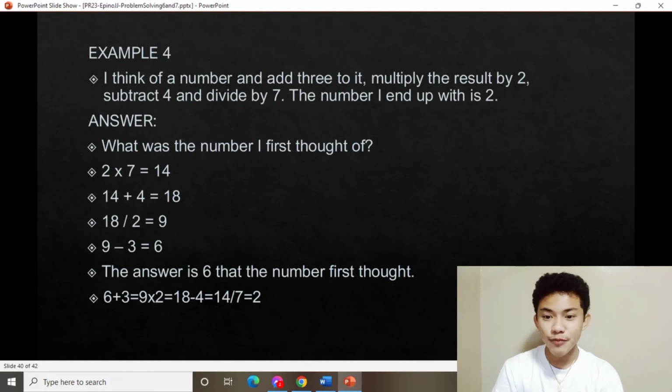So, 14 plus 4 is equal to 18. 18 divided by 2 is equal to 9. So, 9 minus 3. The answer is 6. That's the number I first thought of. So, let's go back to check. 6 plus 3 is equal to 9. 9 times 2 is equal to 18. 18 minus 4 is equal to 14. 14 divided by 7 is equal to 2.